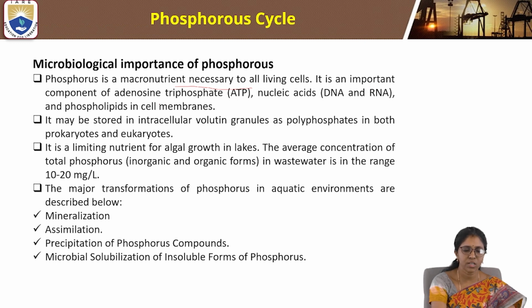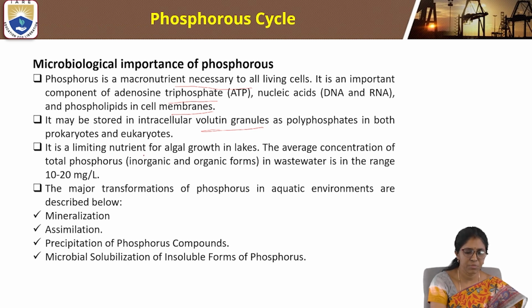It is an important component of adenosine triphosphate, nucleic acids like DNA and RNA, and phospholipids, which are in cell membranes. It may be stored in intracellular granules as polyphosphates in both prokaryotes and eukaryotes.